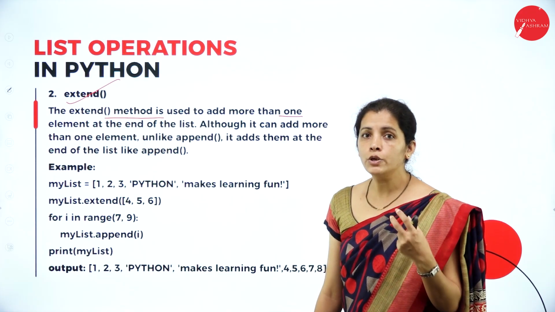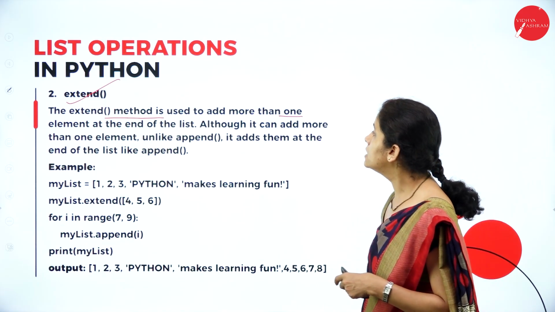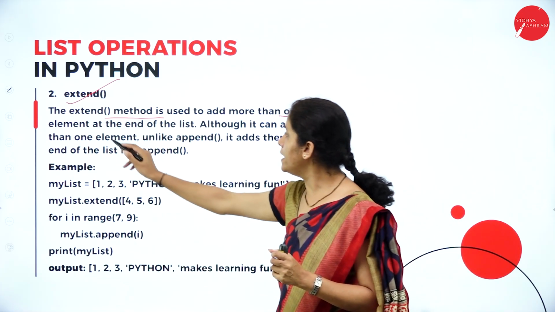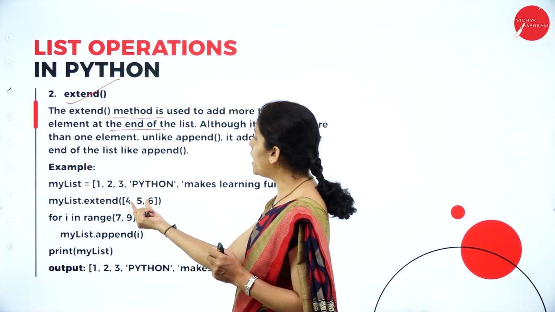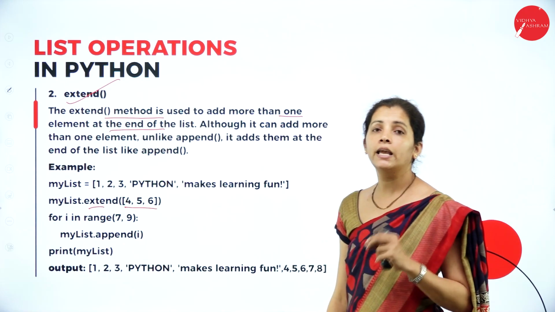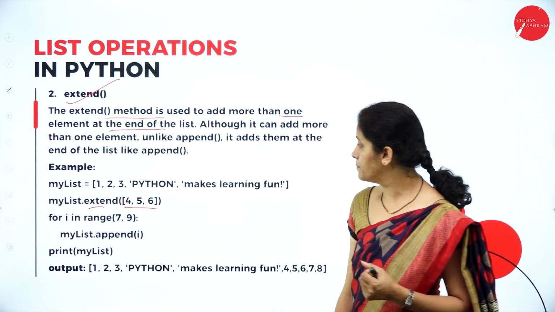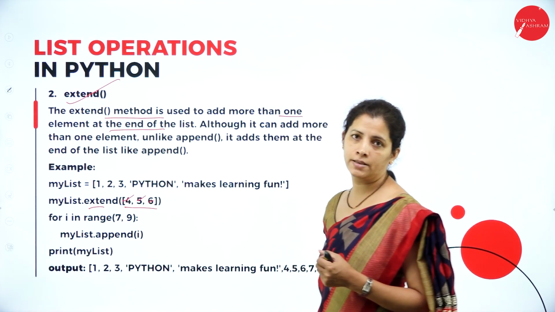It allows the user to add more than one element at a time, at the end of the list. So I can add 4, 5 and 6.